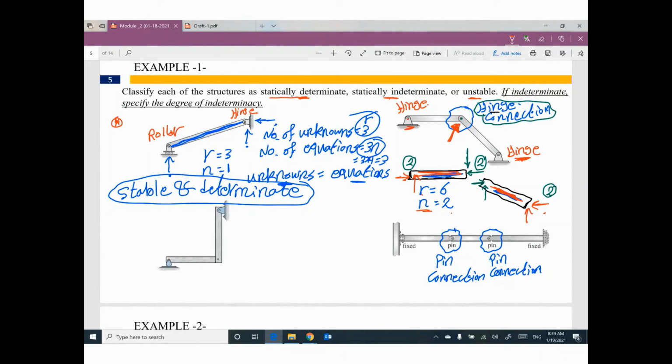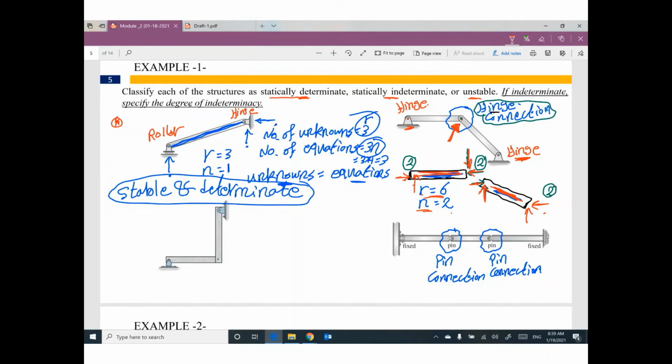We have here hinge, so we have 2. At this connection that you did separation, we have only 2. They look like 4, but they are counted as 2 unknowns. Why counted as 2 unknowns? Because this reaction will be the same like this, same value but opposite direction. This one like this, same value but in opposite direction.